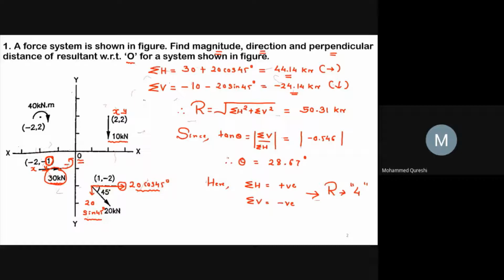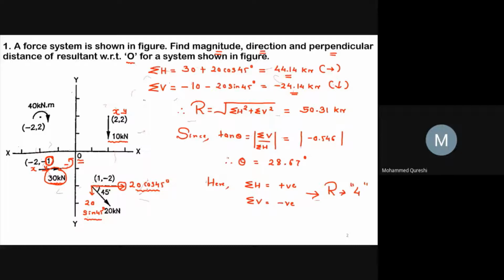So our first component will be -30 into 1. And remember one thing, this distance can't be considered as -1. Here -1 is indicating that your vertical distance is in the downward direction. So do not consider the minus sign while calculating. So first is your -30 into 1.